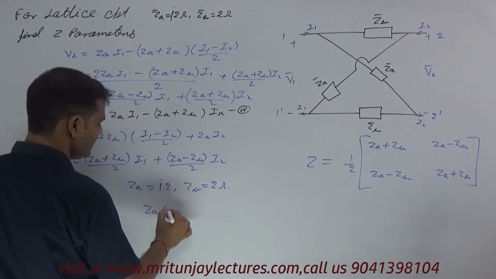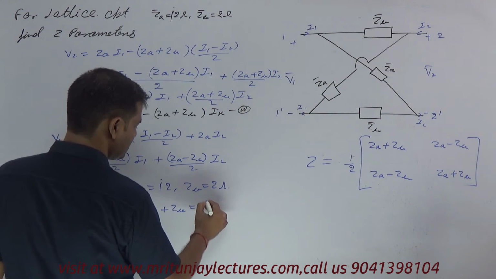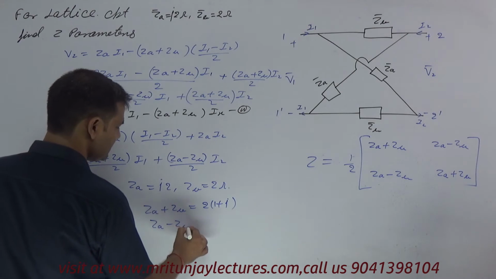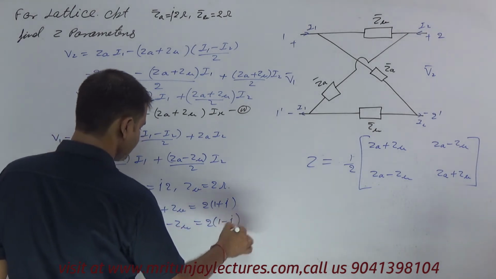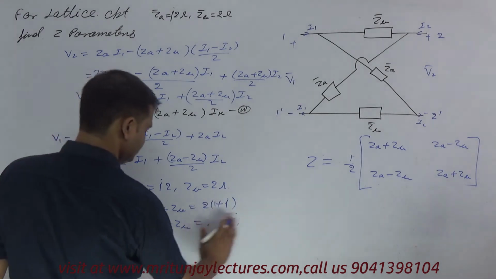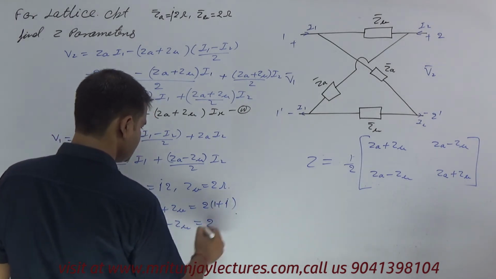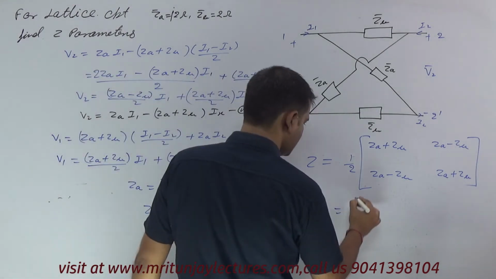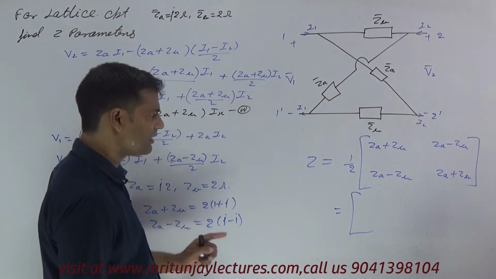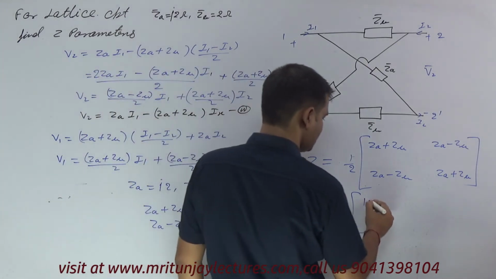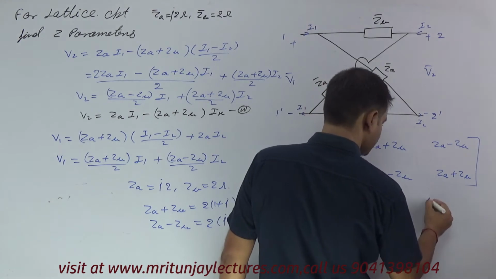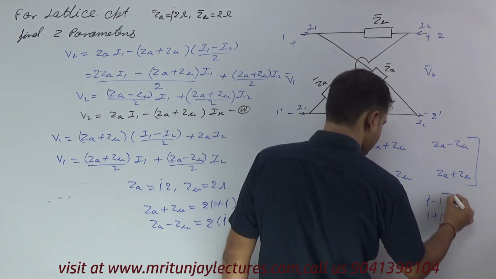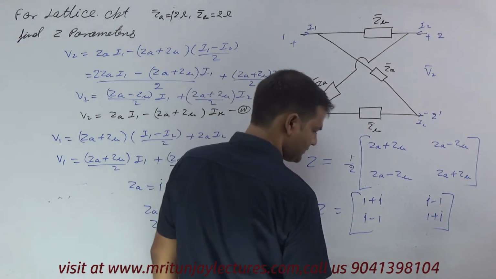So ZA plus ZB is 2 times (1 plus j), and ZA minus ZB is 2 times (j minus 1). Since 2 is common in all, finally you can write it as the matrix: 1 plus j, j minus 1, j minus 1, 1 plus j. This is the final answer corresponding to the given question.